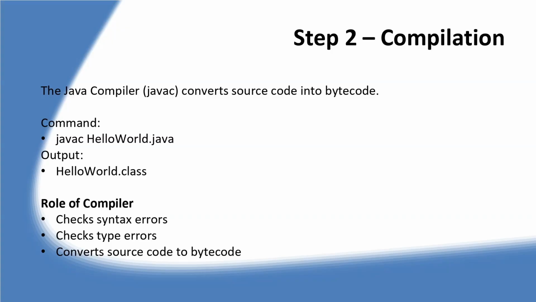Second step is compilation. Java provides a compiler called javac. The compiler checks syntax errors, type checking, language rules. If everything is correct, the compiler converts the source code into bytecode.